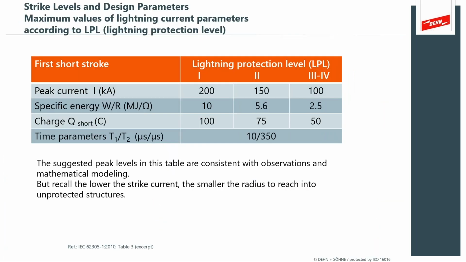The peak parameters recognized by the IEC methods go up to a 200 kA peak current. What you see in the NFPA and UL methods looks more like LPL3, which is 100 kA. In NFPA, it's 100 kA 8/20, and that is used as the strike.